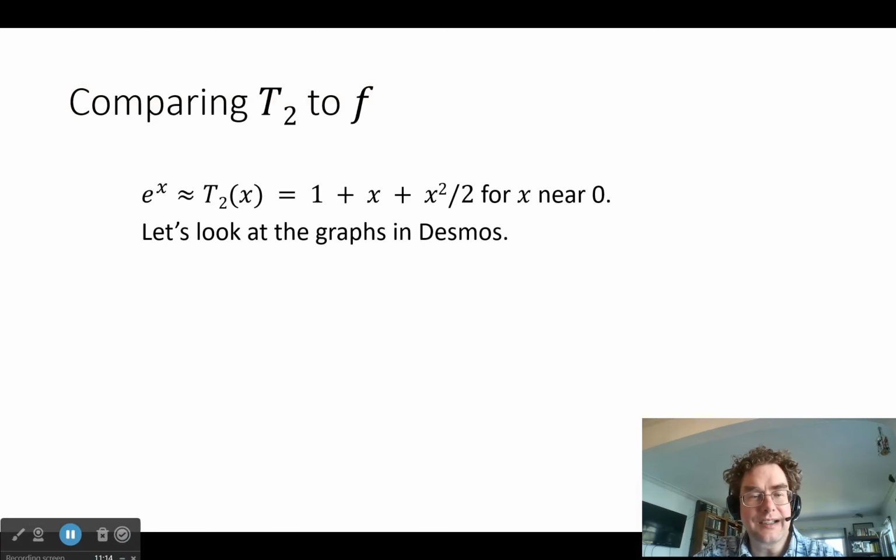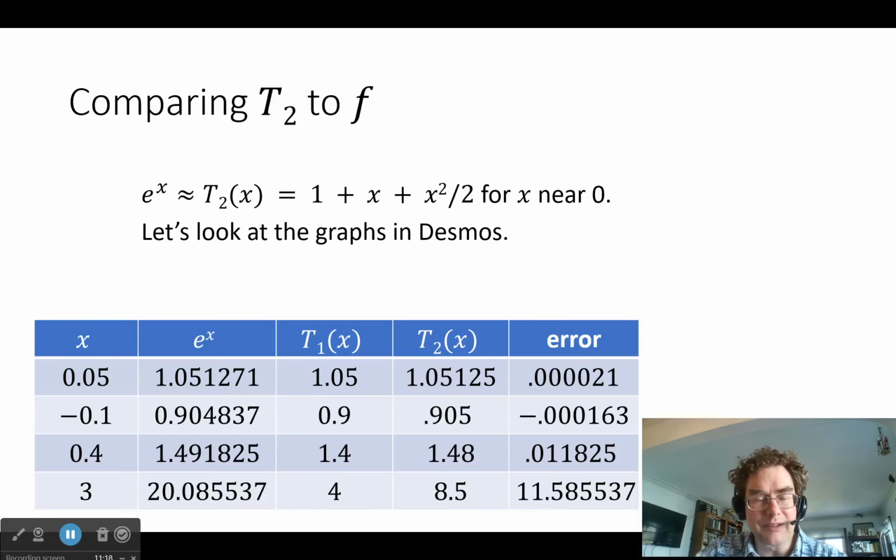Okay, we looked at Desmos. Let's look at a table of values. Here we can compare the actual value of e to the x, rounded to 6 decimal places. I put the T1 values there for comparison as well from the previous video, and then we've got our T2 values here. The errors you see are, again, rounded to 6 decimal places, and they're for the T2 approximation.